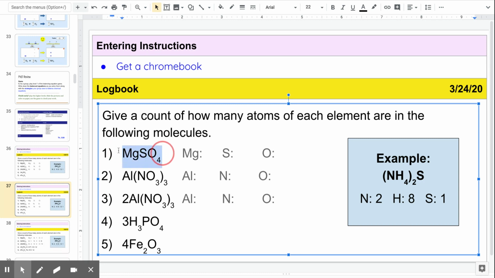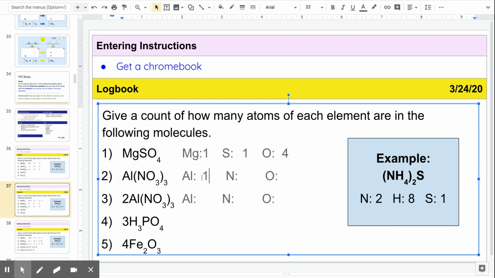Okay, so let's look at this first one, MgSO4. In that molecule, magnesium sulfate, there is 1 magnesium, we have 1 sulfur, and then that little 4 just applies to the oxygen. So here we have 4 oxygens. Number 2 is aluminum nitrate.